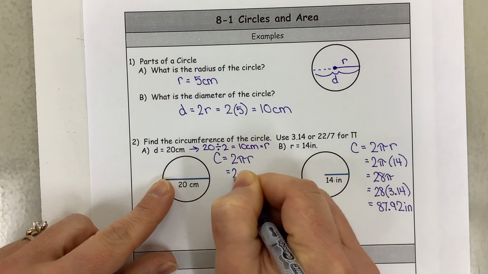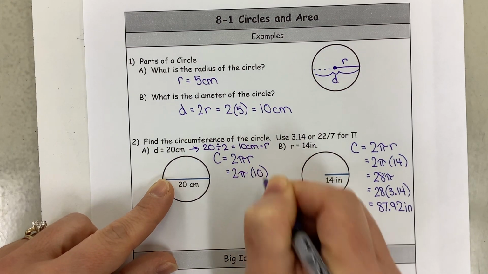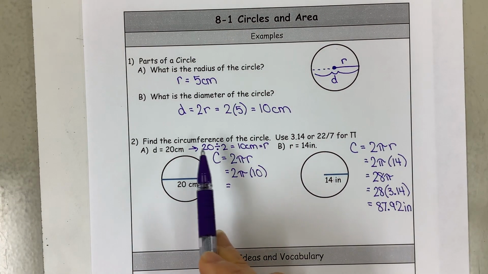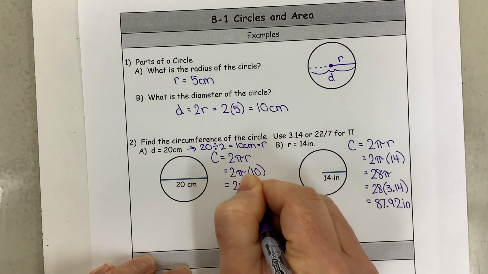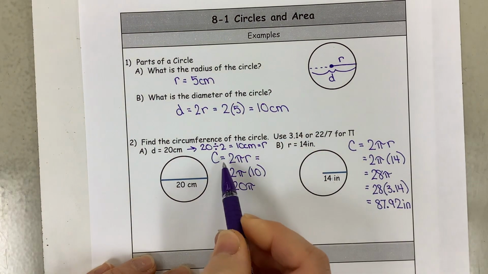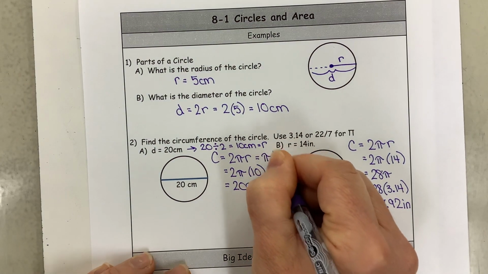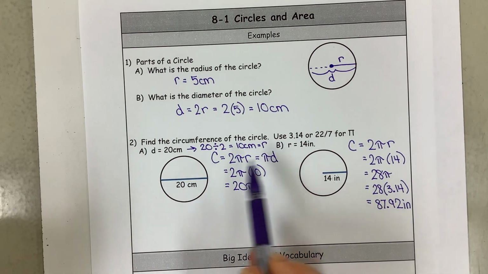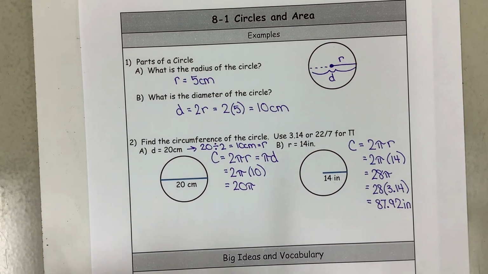So we're going to take 2 pi times 10. And look at that. 2 times 10 takes us right back to the diameter of 20. So another way to write this is pi times the diameter. You can memorize this also if you'd like, but it's pretty easy just to learn this one and then just realize 2 radiuses is a diameter.